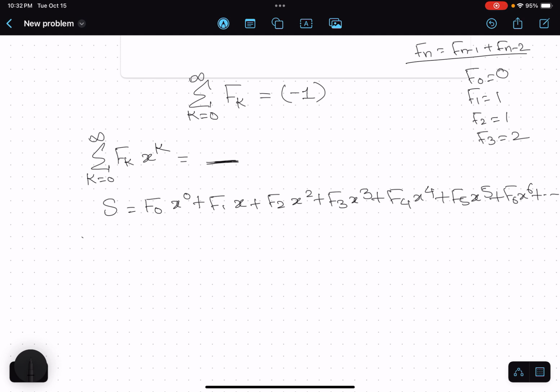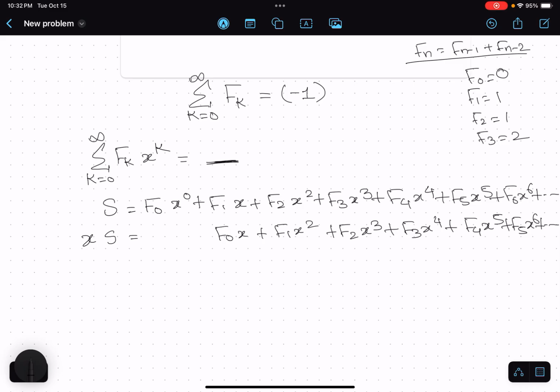Let's say if I multiply this sum by x, I get f_0 x plus f_1 x squared plus f_2 x cubed plus f_3 x to the power 4 plus f_4 x to the power 5 plus f_5 x to the power 6 and so on, right?